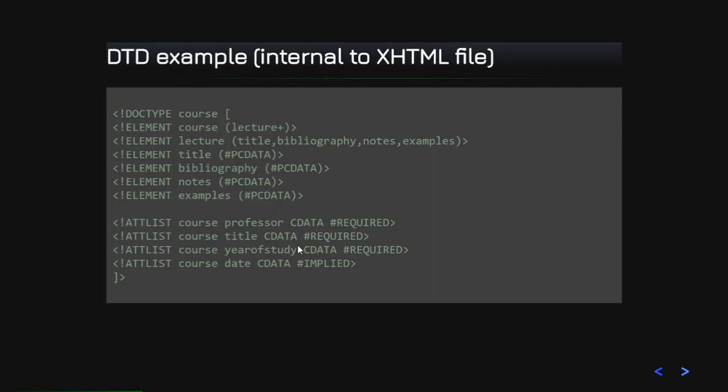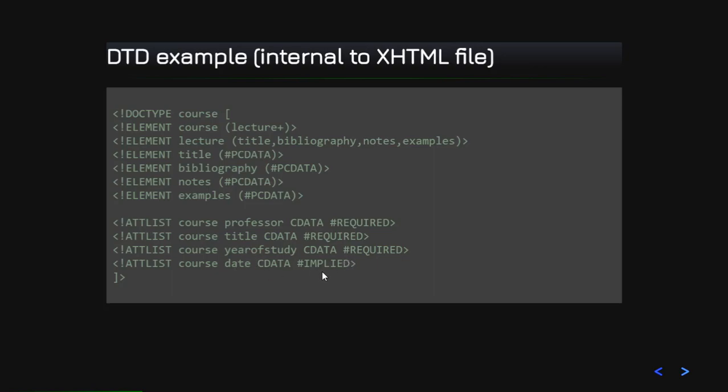And here I have a list of attributes. So it is specified here that the course tag should have a professor attribute, which is required, and the value of professor is character data. The course should also have a title attribute, a year of study attribute, and the date attribute.